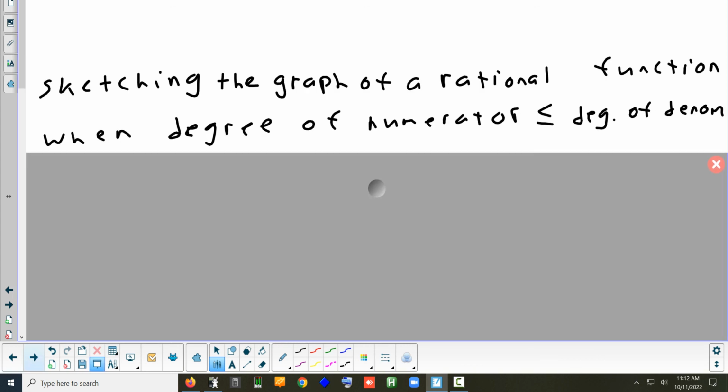So, for the rest of today, we're going to focus on sketching some of these graphs. The calculator is going to help us a lot. We're going to use the table on it. And for today, we're only going to focus on graphing problems where the degree of the numerator is less than or equal to the degree of the denominator.